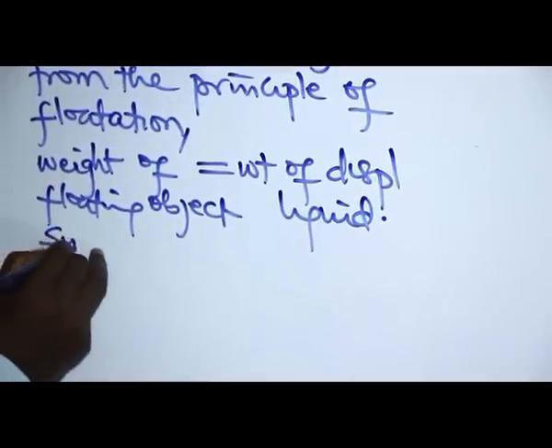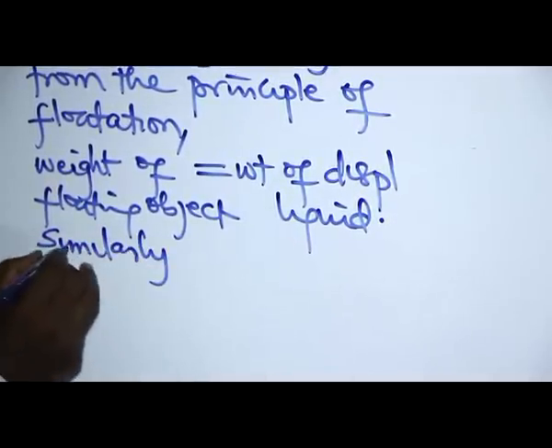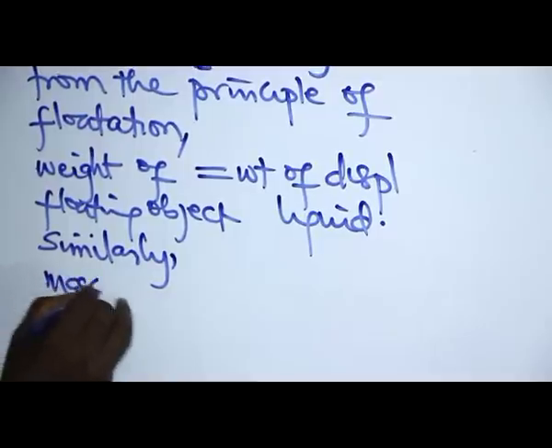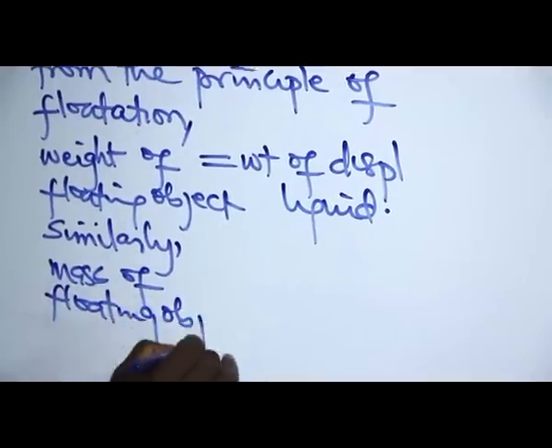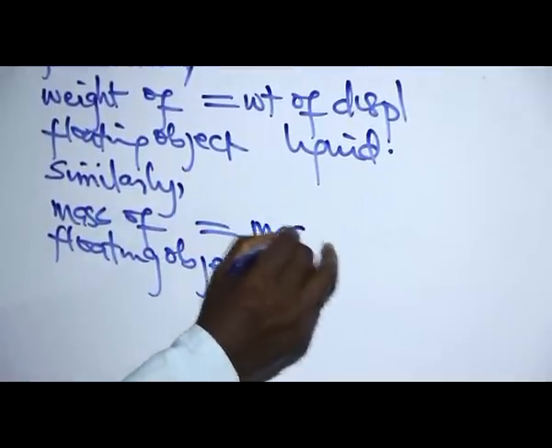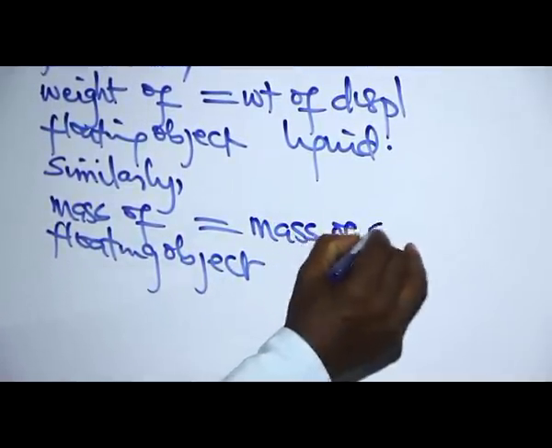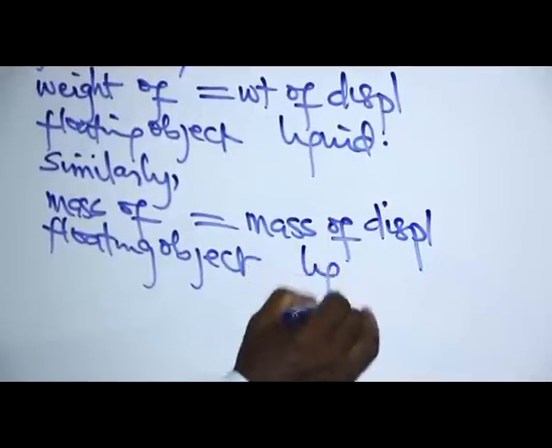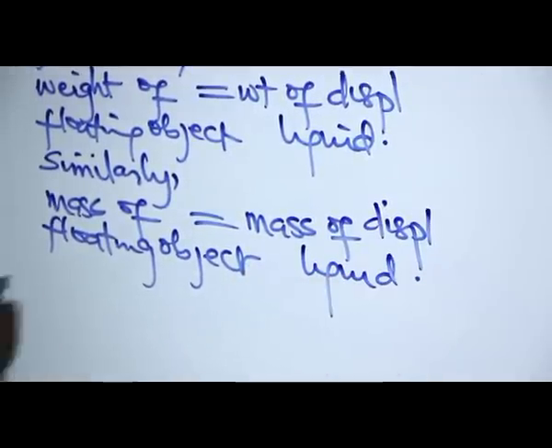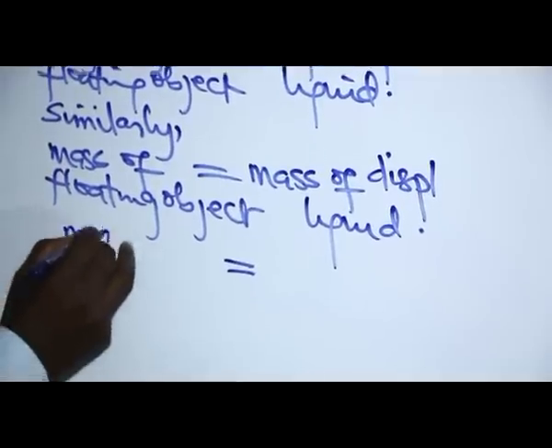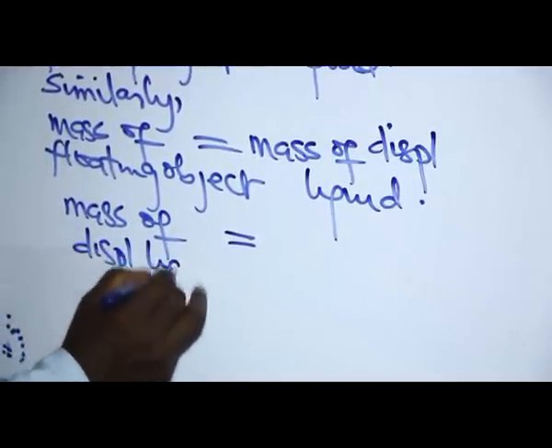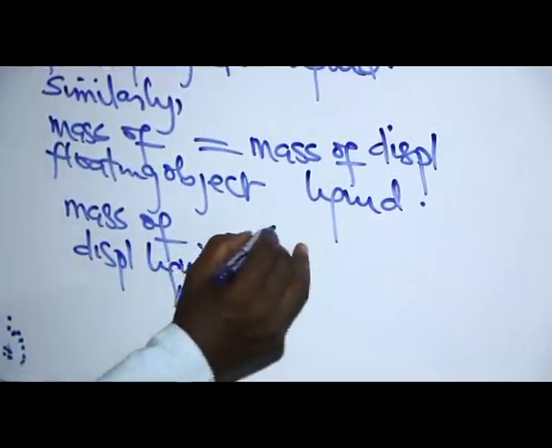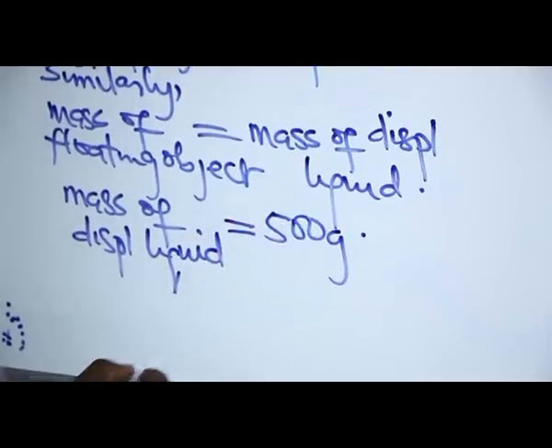Similarly, the mass of a floating object is equal to the mass of the displaced liquid. Therefore, the mass of the displaced liquid is equal to 500 grams.